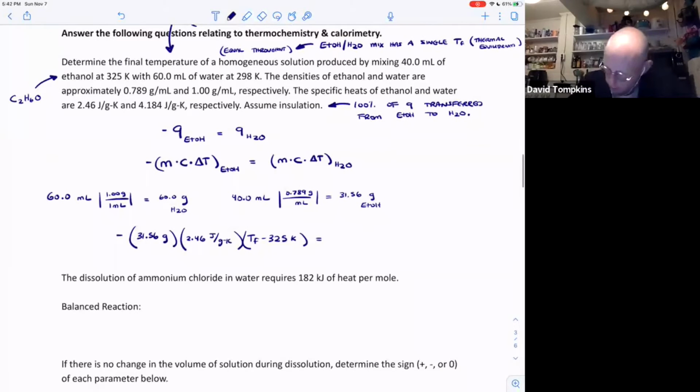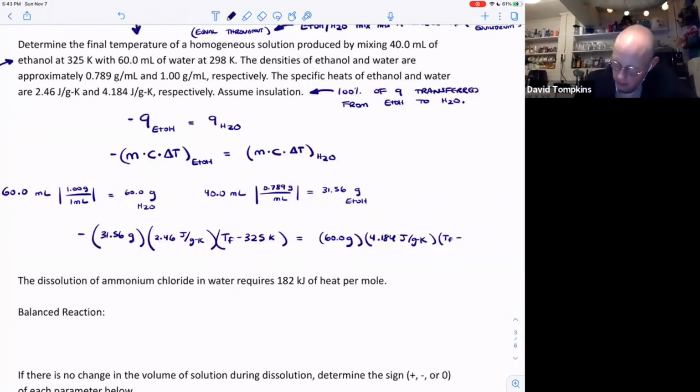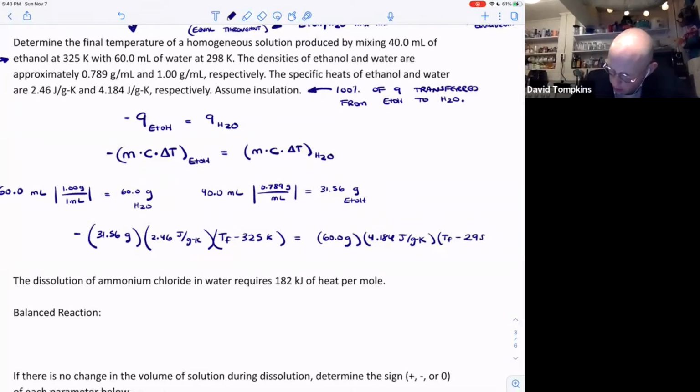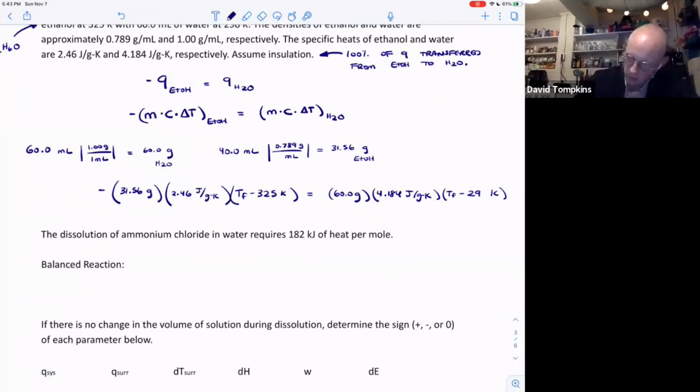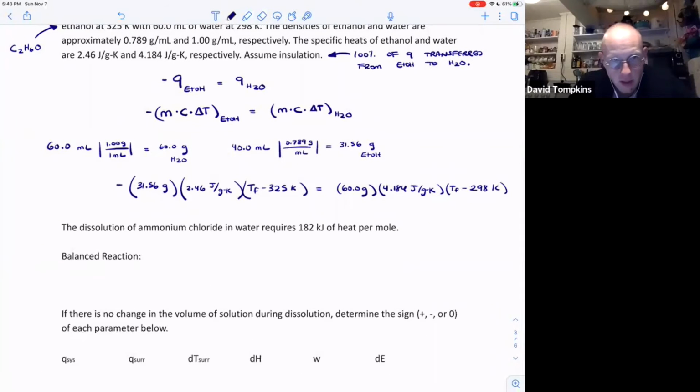So that's equal to the mass of water, which is 60 grams, times the specific heat of water, 4.184, multiplied by T final minus its initial temperature. Water was at 298. Okay, so let's solve for T final. We simply need to collect some like terms.